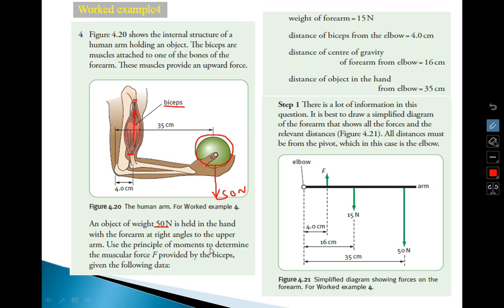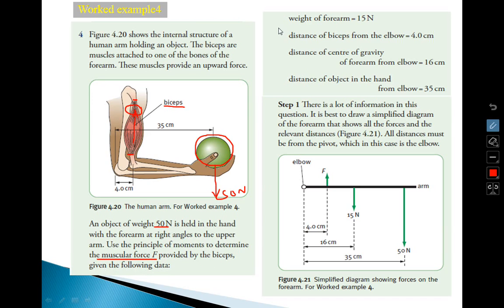Use the principle of moments to determine the muscular force F. This one here, F, acts upward. So we need to find the muscular force F provided by the biceps given the following data.